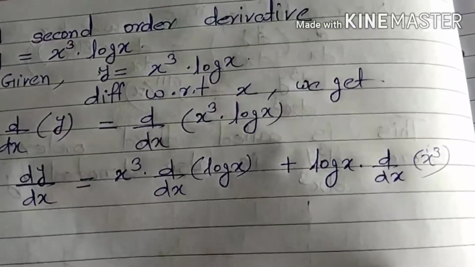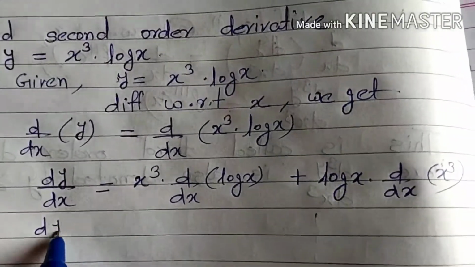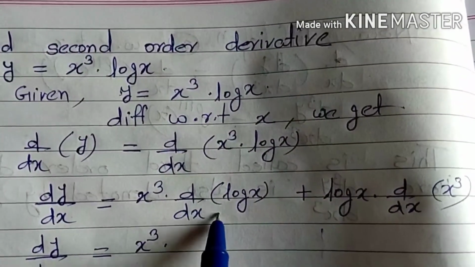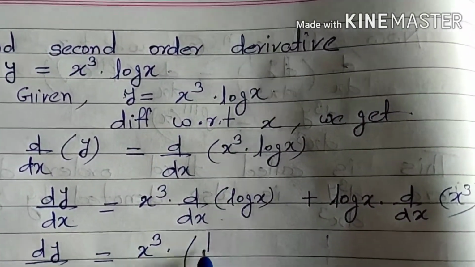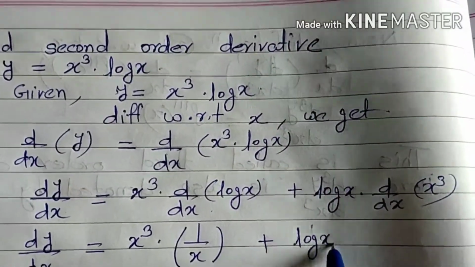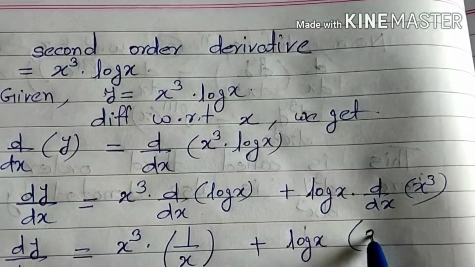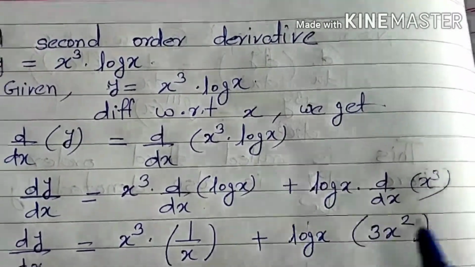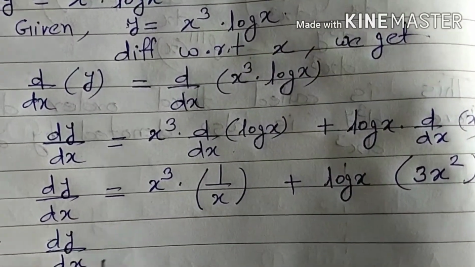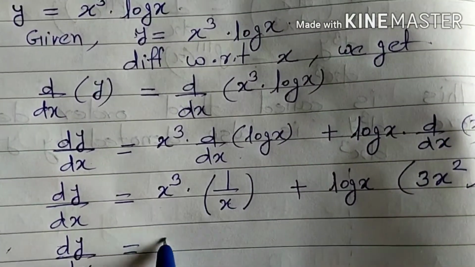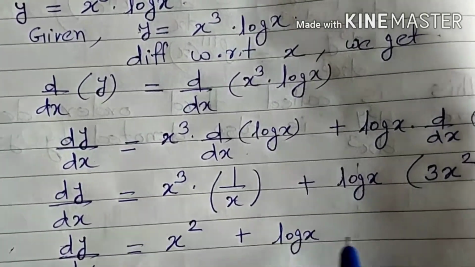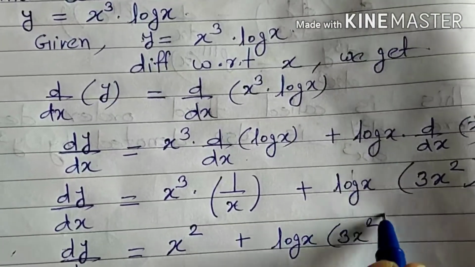Now take the derivative. dy by dx is equal to x cube, and we know that the derivative of log x is 1 upon x, plus log x as it is, and the derivative of x cube is 3x square. The x gets cancelled, so we get only x square plus log x into 3x square.